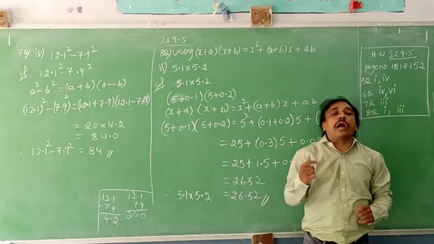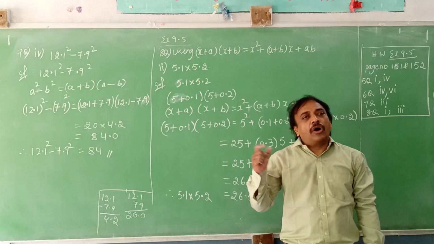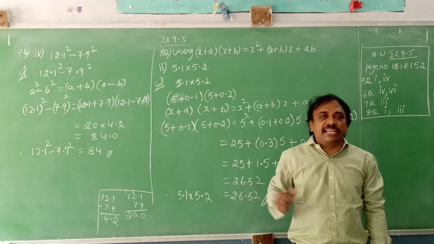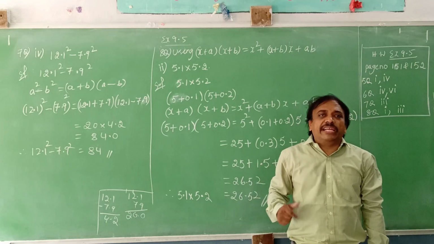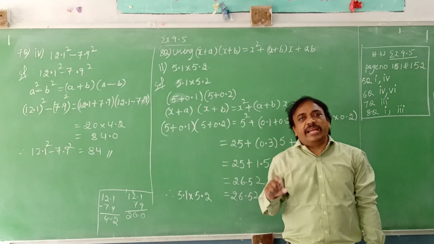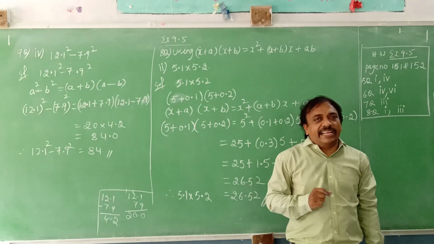I hope you understood how to apply the identities while solving algebraic expressions with multiplication in finding the product, and how to evaluate when numbers are given by using algebraic identities, that is, standard identities.